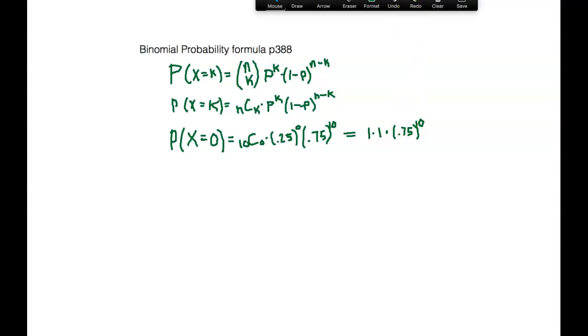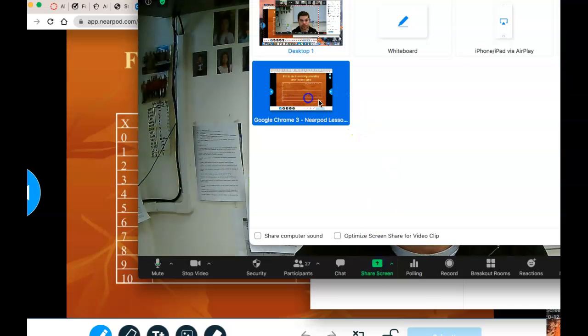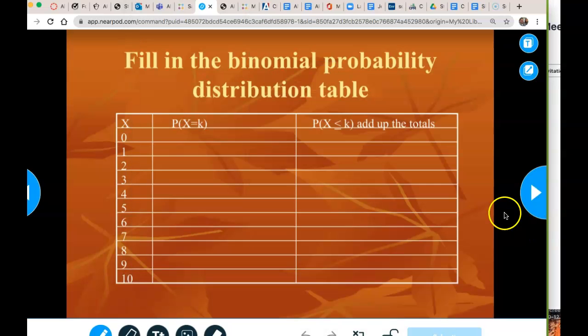So now that we know that, we can look at the binomial distribution table. Find the probability of getting 0 questions right. Well, we did it already. We found probability of 0 questions right was 0.05.